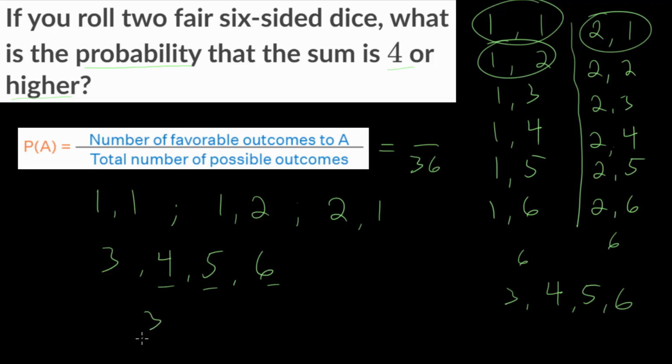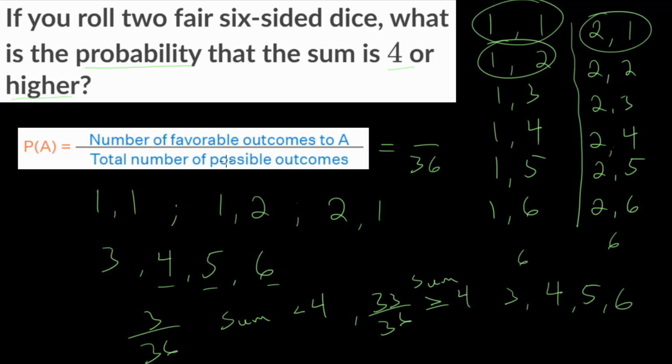If there are only 3 out of 36 that have a sum less than 4, then the remaining would have a sum of 4 or greater, namely 33 out of 36.